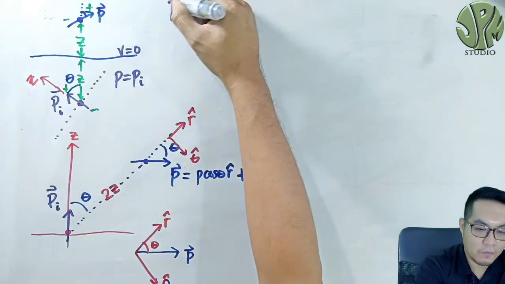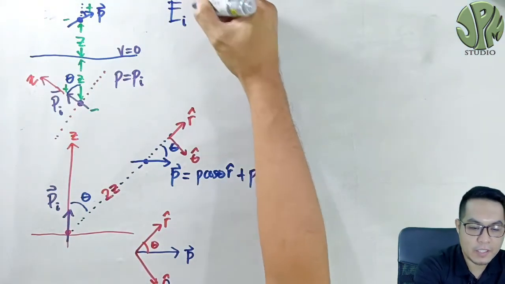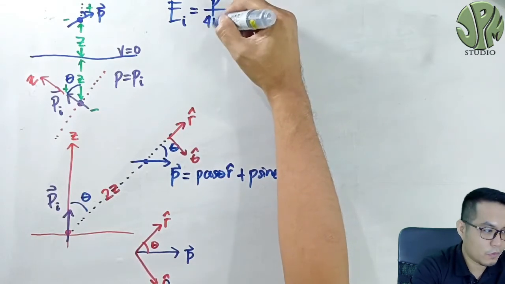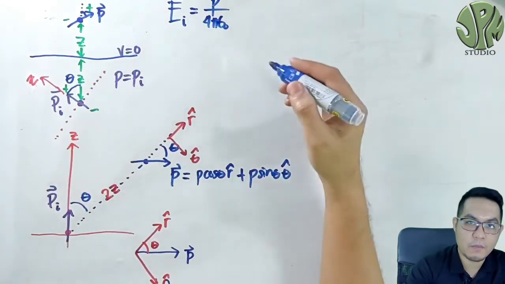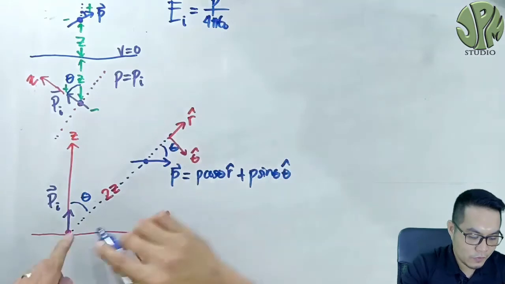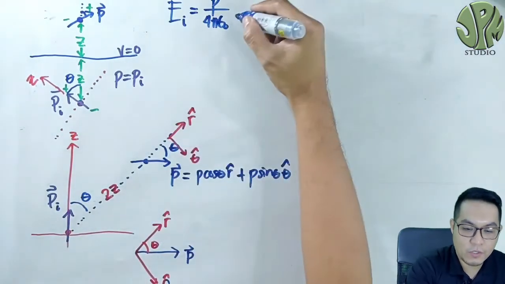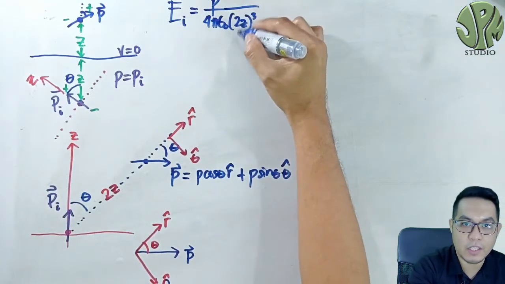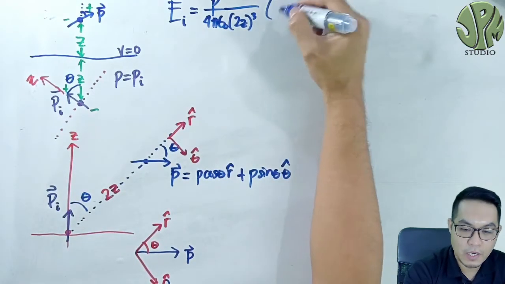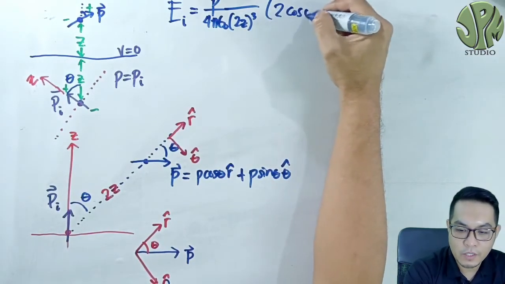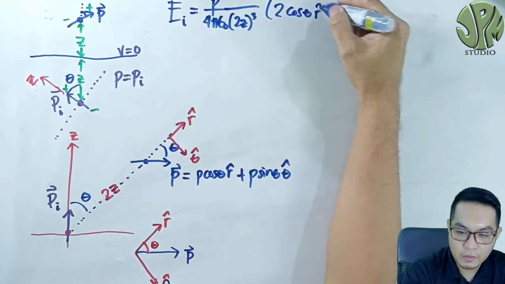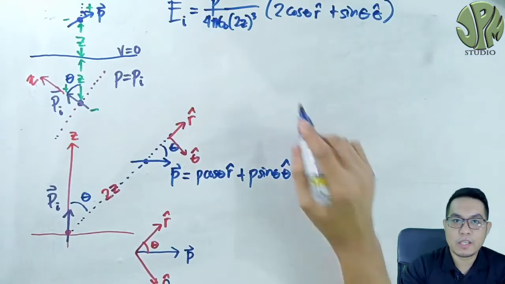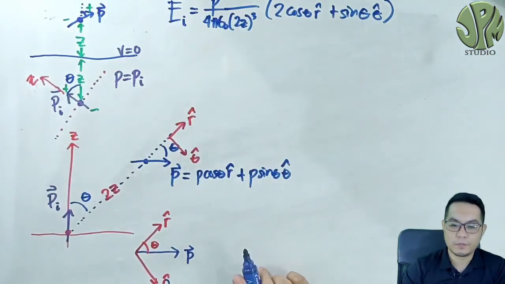So the electric field of our image dipole, E sub I, will be P over 4 pi epsilon naught. We use the same formula. The distance here is 2z, so it's 2z cubed, supposedly this is r cubed. And we have 2 cosine theta r hat plus sine theta theta hat. So this is the electric field of our dipole.